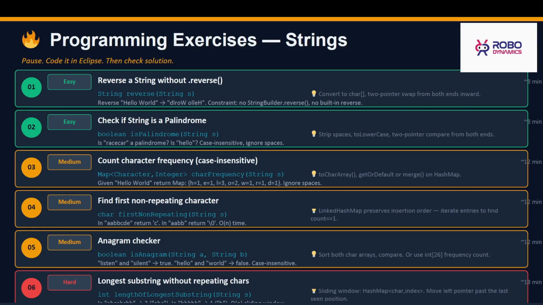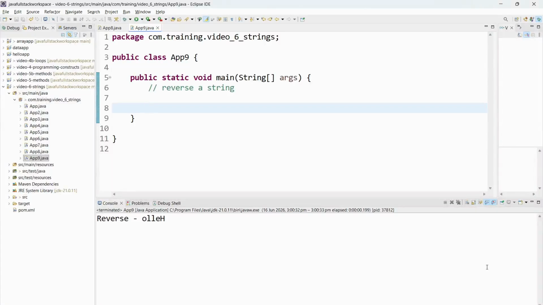It's coding time. So let's start with the first string exercise. Seems to be easy. Reversing a string without using StringBuilder's reverse function. Oh, that's good. So let us say string str is equal to hello world.